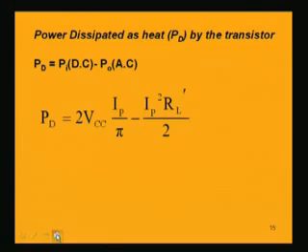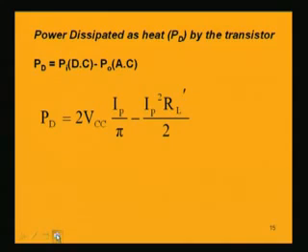And also if we want to find out the power dissipated by the transistor as heat, this power dissipation can be found out by subtracting the AC power output from the DC power input, Pi DC minus Po AC. So that will give the power dissipation by the transistors.